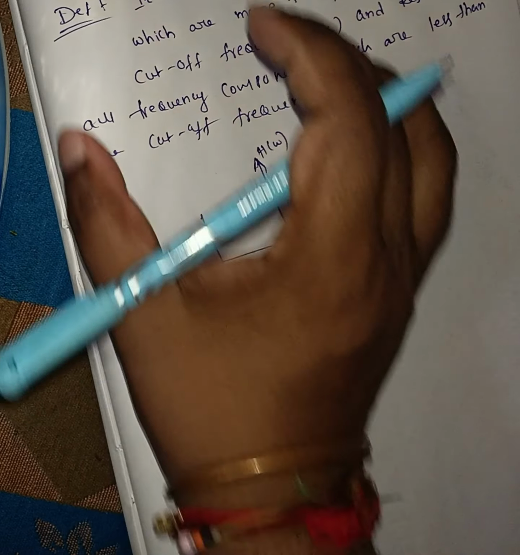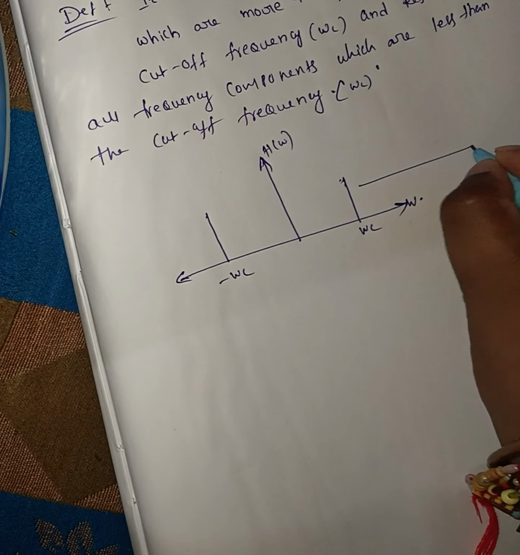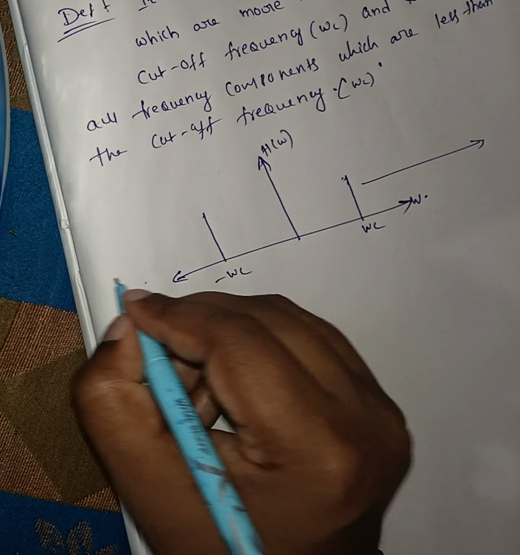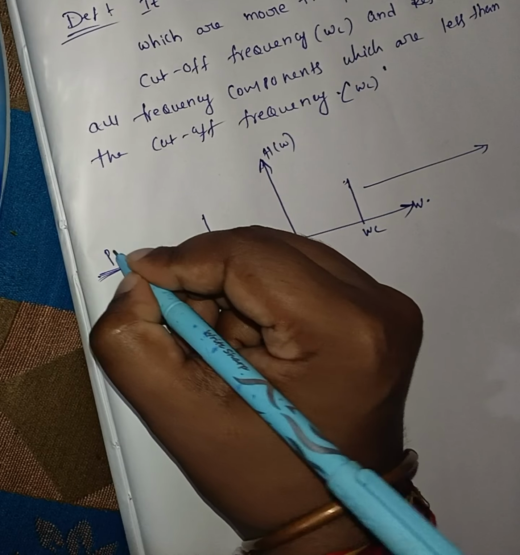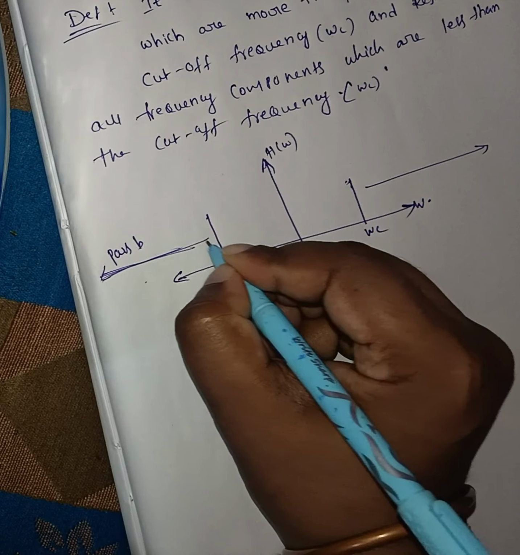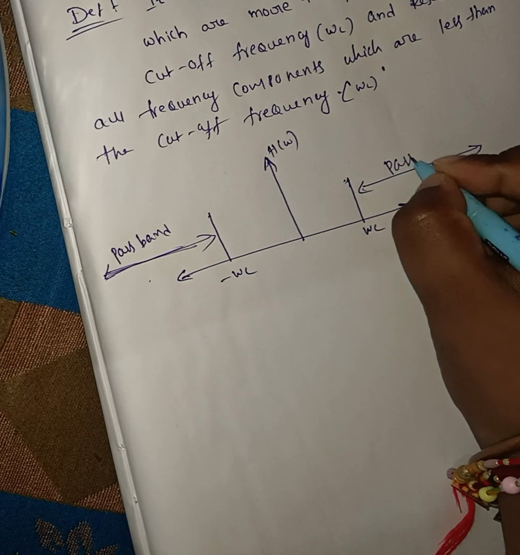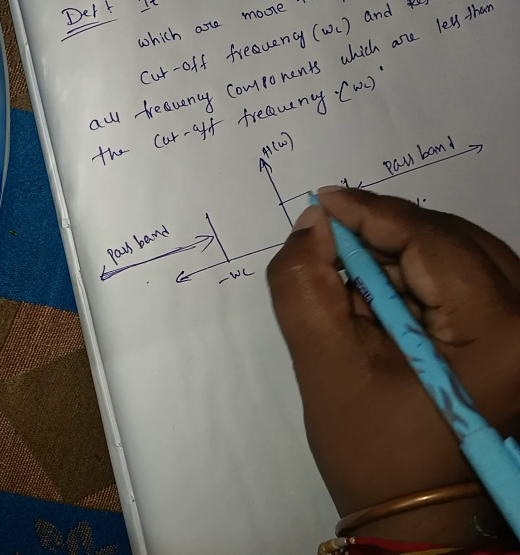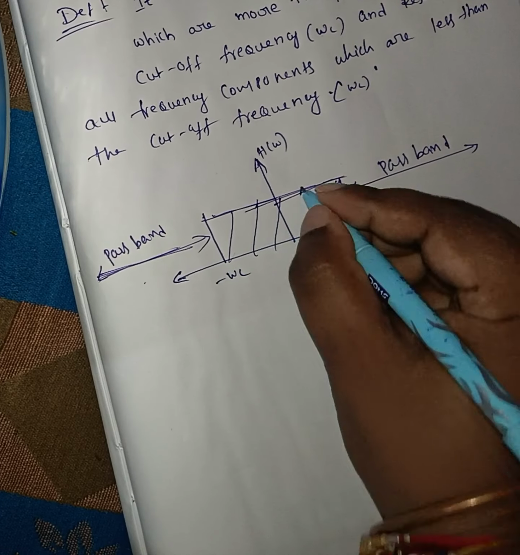Above omega c, the HPF will allow all these components; this is called the pass band. Below omega c, from here to here, is the stop band.